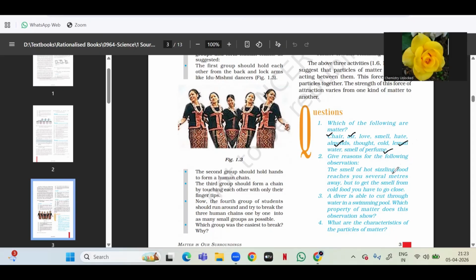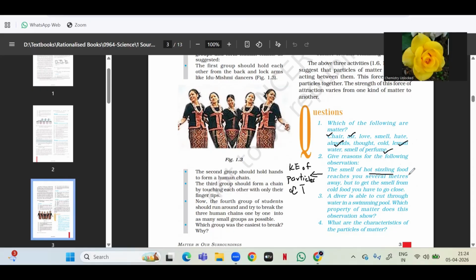Give reasons for the following observations. The smell of hot sizzling food reaches you several meters away, but to get the smell from cold food, you have to go close. Now here you will connect it to the kinetic energy of particles. If you remember, I wrote that kinetic energy of particles is directly proportional to temperature.